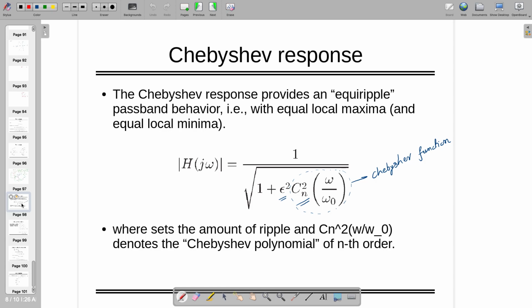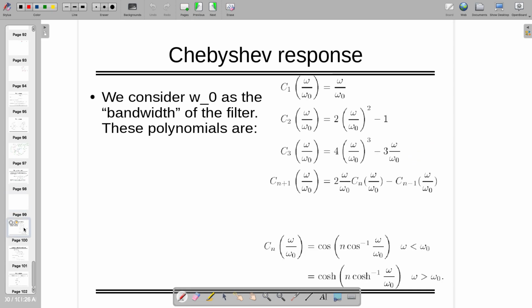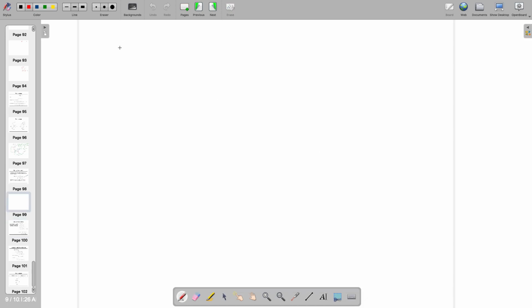So Chebyshev has given this function, Cn of omega by omega 0, which is equal to cos n cos inverse x.